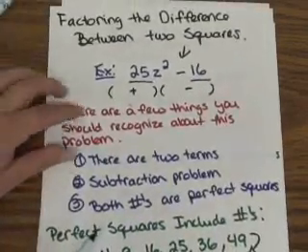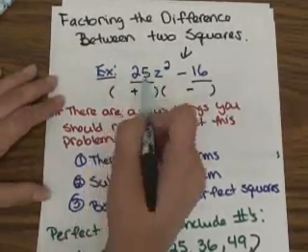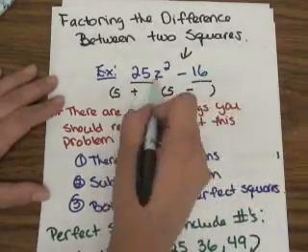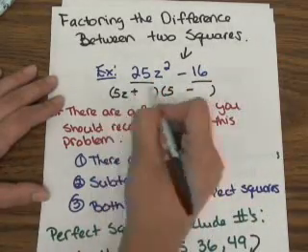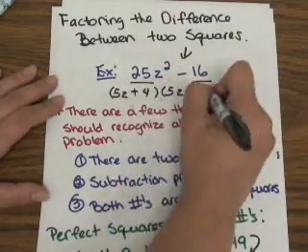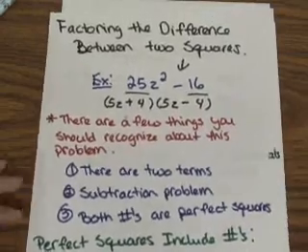So let's look at the original problem and fill in our spaces. What's the square root of 25? 5. What's the square root of z squared? z. What's the square root of 16? 4. And that is always how your answers will work out.